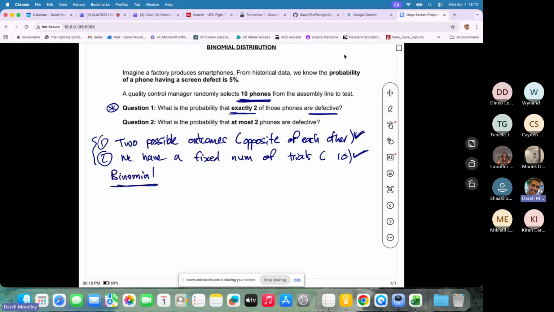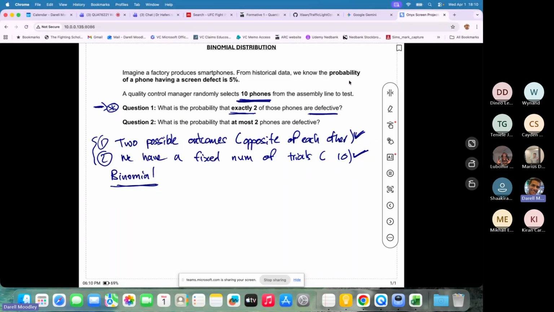All right, so question 1 is, what is the probability that exactly 2 of those phones are defective? So we need to write this out mathematically. In order to write it out mathematically, we need to let some random variable represent what we're interested in solving.